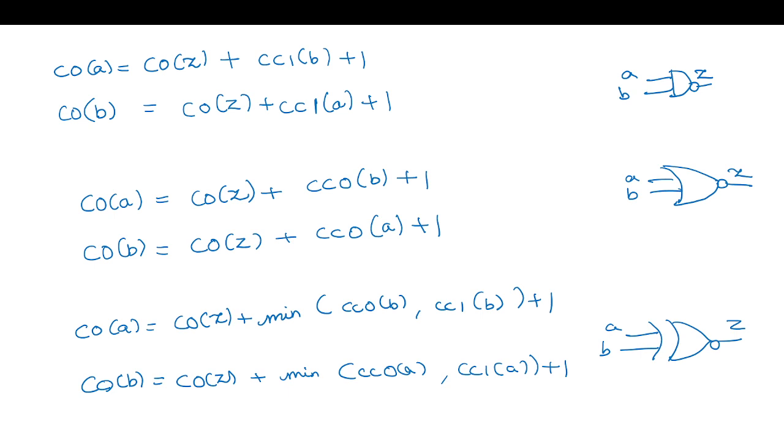Any doubts? So what will be the observability for a NOT gate? CO of A. One input, so there are no controlling or non-controlling values for other inputs.